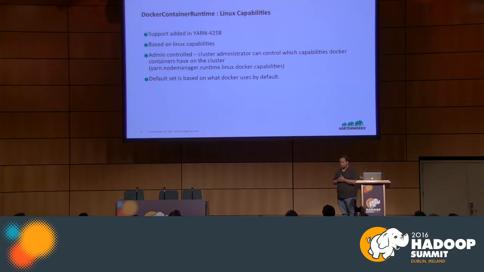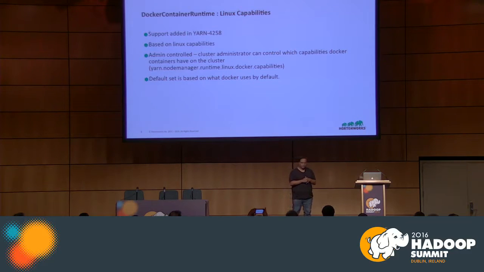Now, capabilities. Linux has a notion of capabilities where you can basically isolate what processes can do, and Docker exposes this functionality as well. So we provide an admin-controlled cluster-wide setting, which controls the capabilities that containers launch with. We drop all the capabilities first, and then we say, okay, here is the subset that you can use. The default is based on what Docker uses by default.